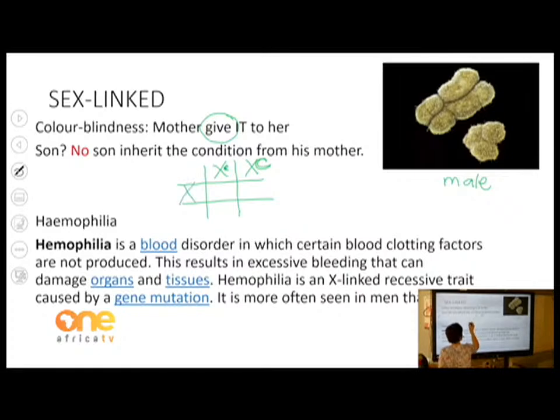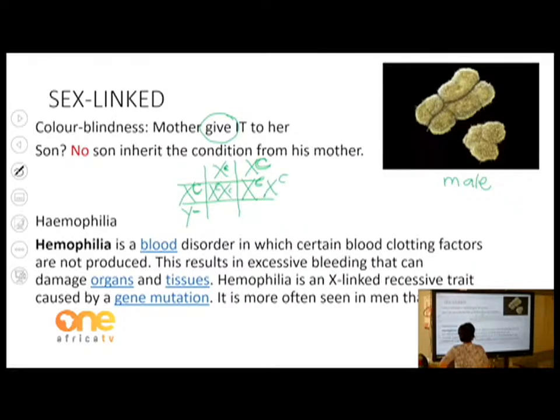The father is not colorblind. Right. But there is a Y. There's not an X, so there's no C on it. So, this will be a girl. This girl, capital C, small c. This girl, capital C, capital C.